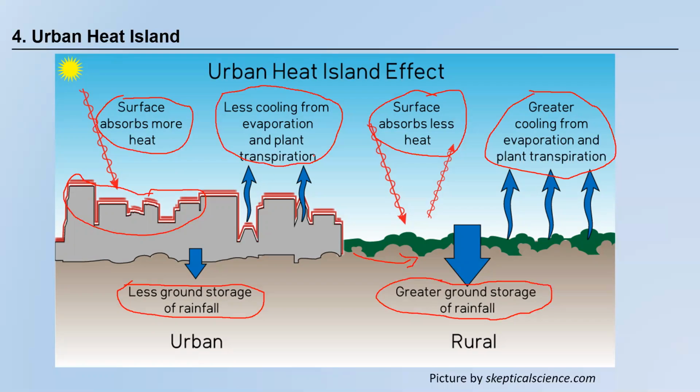So this is why we have urban heat island. If you divide this figure into two parts, on the left side we have urban, on the right side we have rural area, and you can see the balance of thermal energy is different.